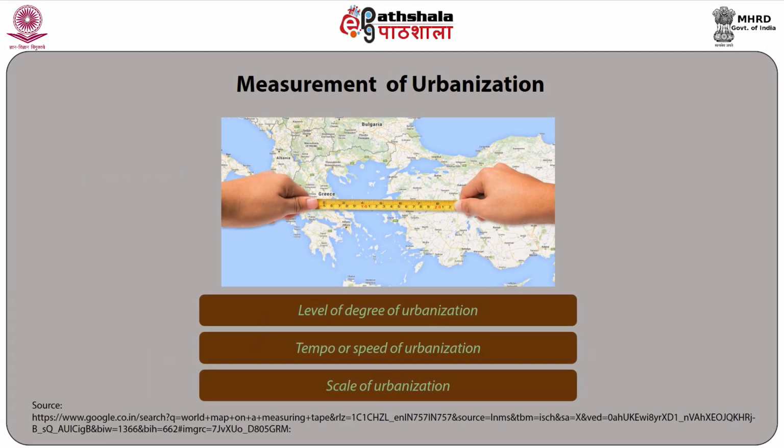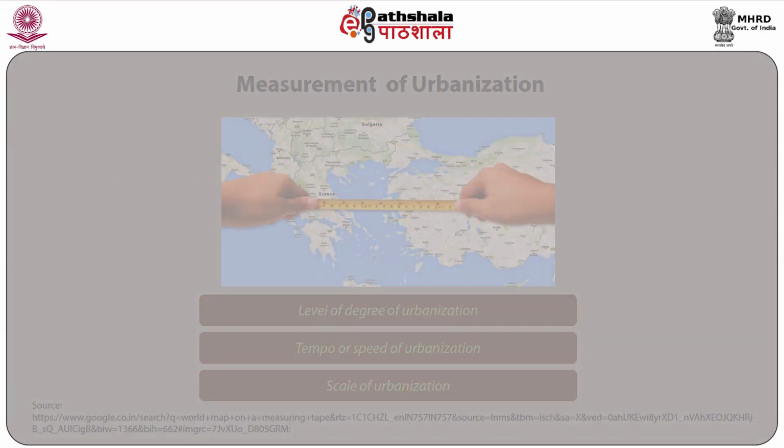Other is the tempo or speed of urbanization. And third is the scale of urbanization. Level or degree of urbanization is basically measured in terms of the proportion or percentage of population living in urban areas. Tempo or speed of urbanization is the extent to which the proportion urban changes between two points of time.